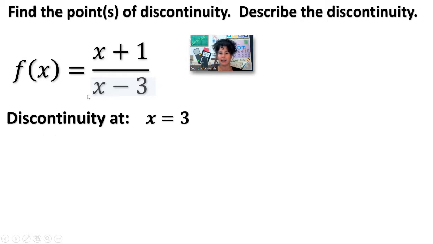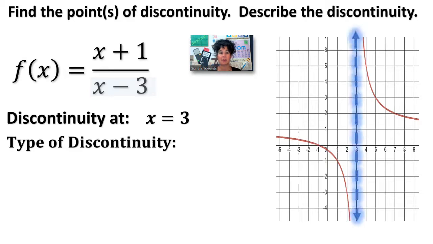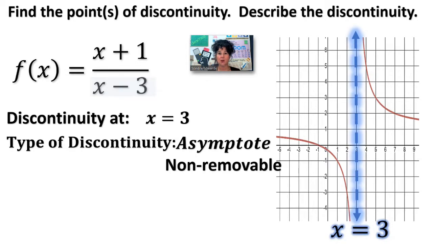Well, x minus 3 does not cancel with anything in the numerator, so it is not going to be removable. If it's not removable, well, then it's an asymptote. We're going to have a vertical asymptote at x equals 3. So the type of discontinuity that we have is going to be a non-removable discontinuity.